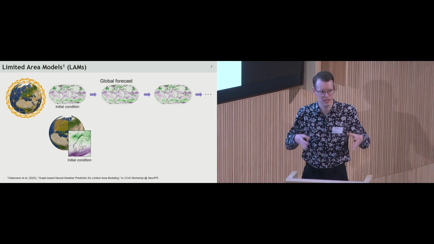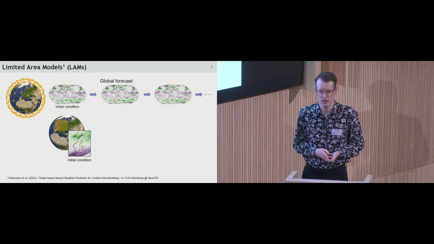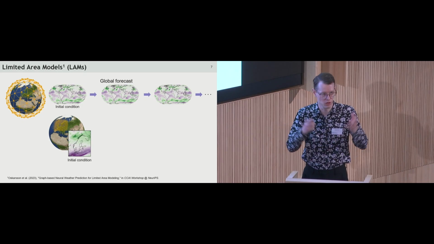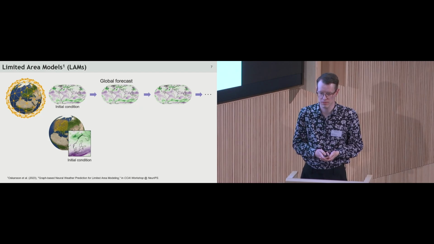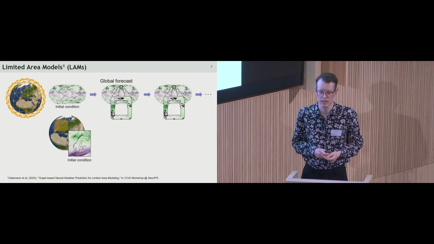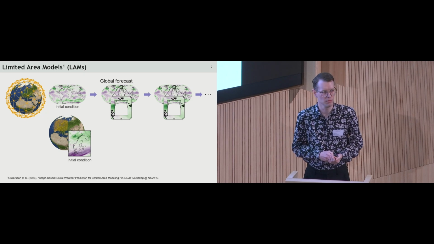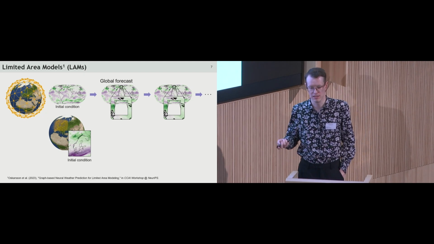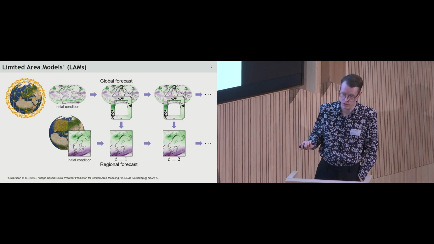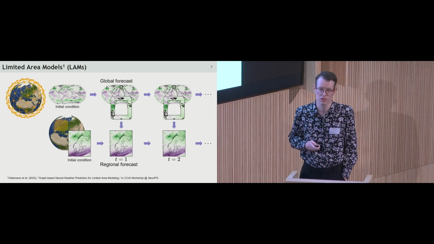However, to do this just for the region of interest, this will not be possible for any longer time unless we know what's going on also around the region. So then we could utilize our global forecast and just extract actually the boundary information that the model would need for this and feed this together with the initial condition to our limited area model, and that way produce the forecast.